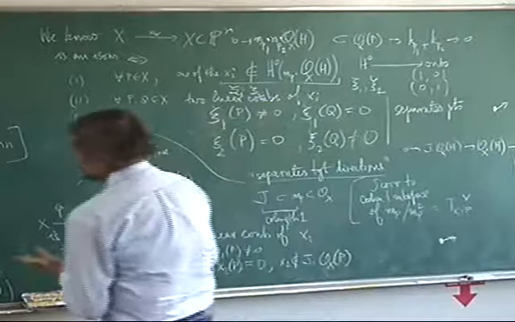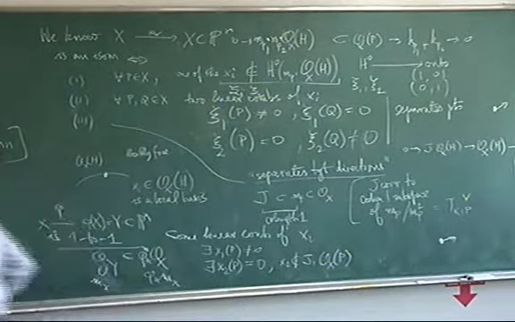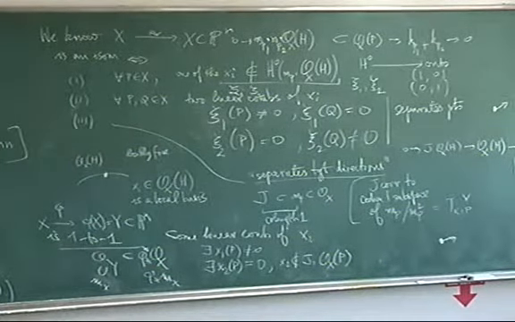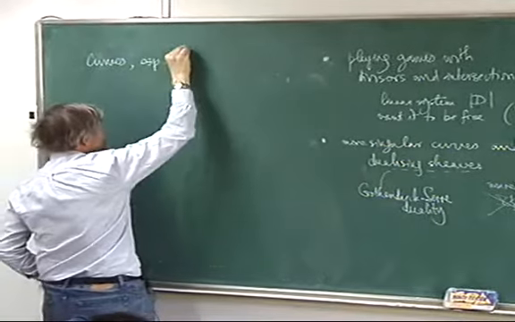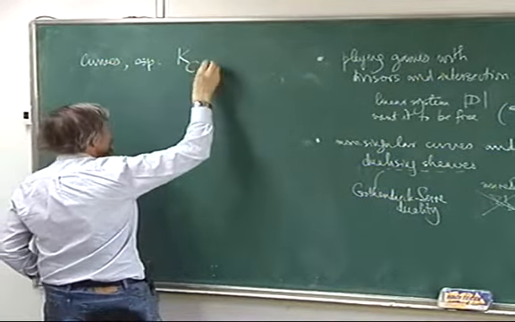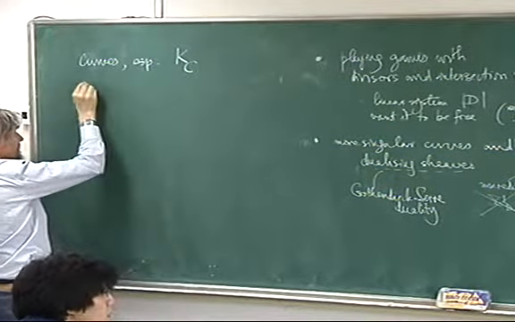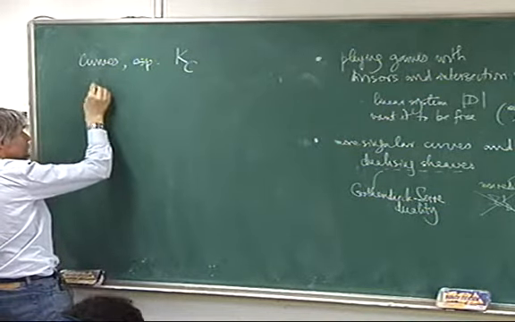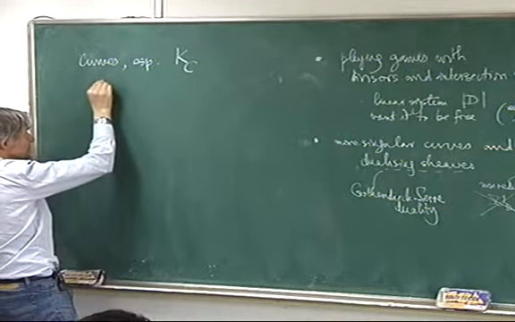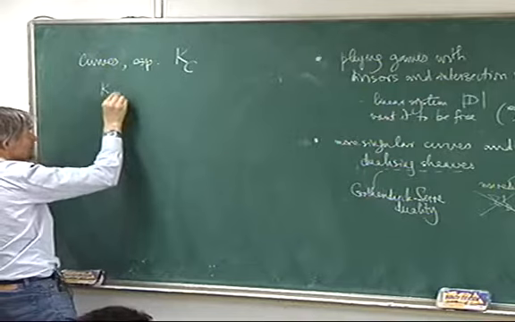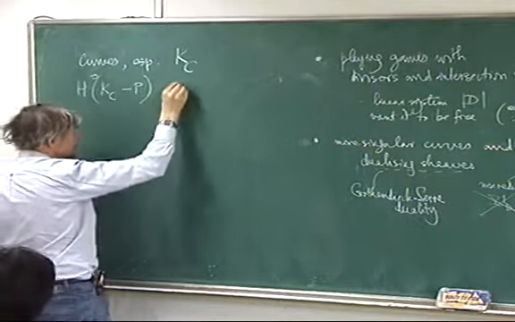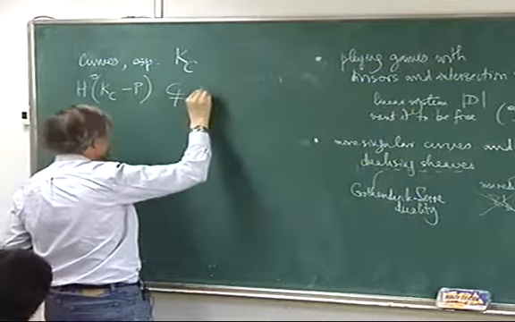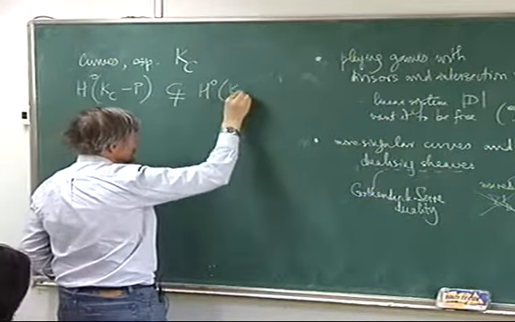Right. So you remember that when we were doing curves, especially the canonical class of C, I say that H naught of Kc minus P is contained in and not equal to H naught of Kc.